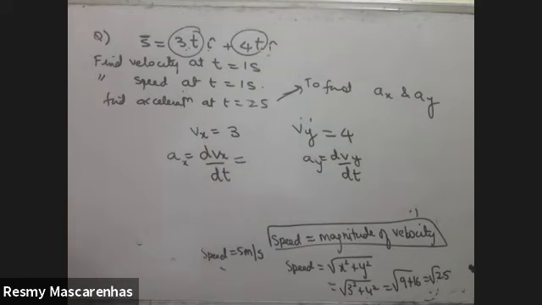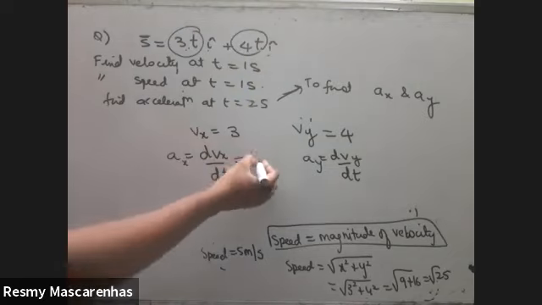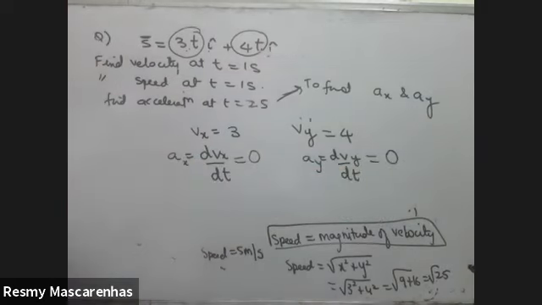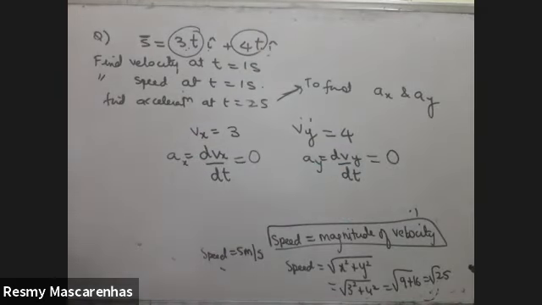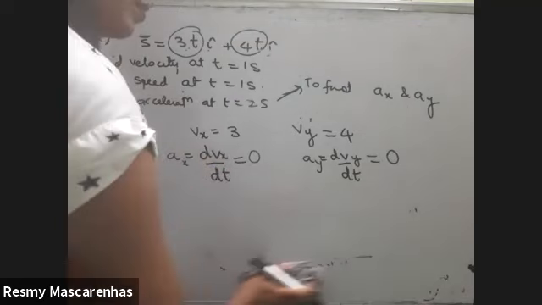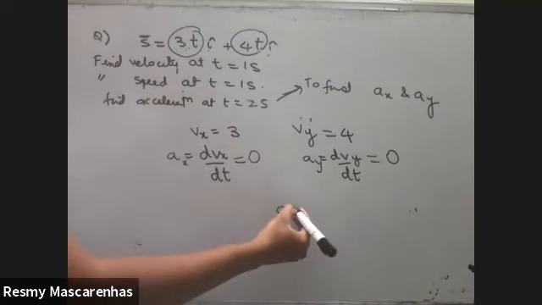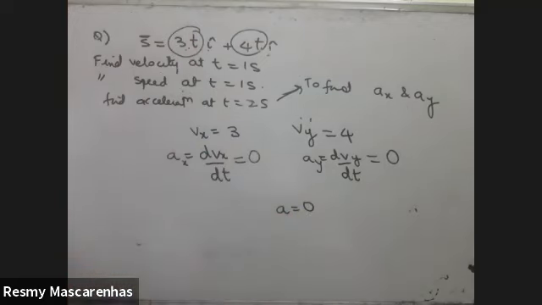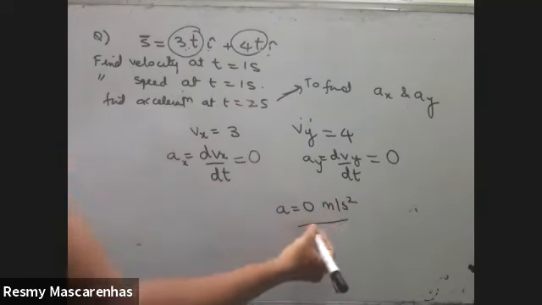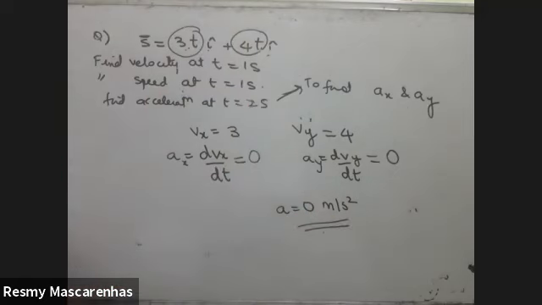What is the derivative of 3? 0. Yes, the answer will be 0. Here also the answer will be 0. So acceleration overall will be 0. Any doubts in this? No.